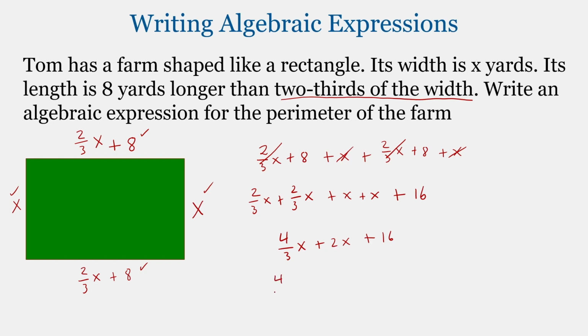So we have 4/3 x plus 6/3 x. So 2x with a common denominator of 3 would be 6 over 3x plus 16. And then we combine like terms again. 4/3 x plus 6/3 x is 10/3 x plus 16. And this was in yards.